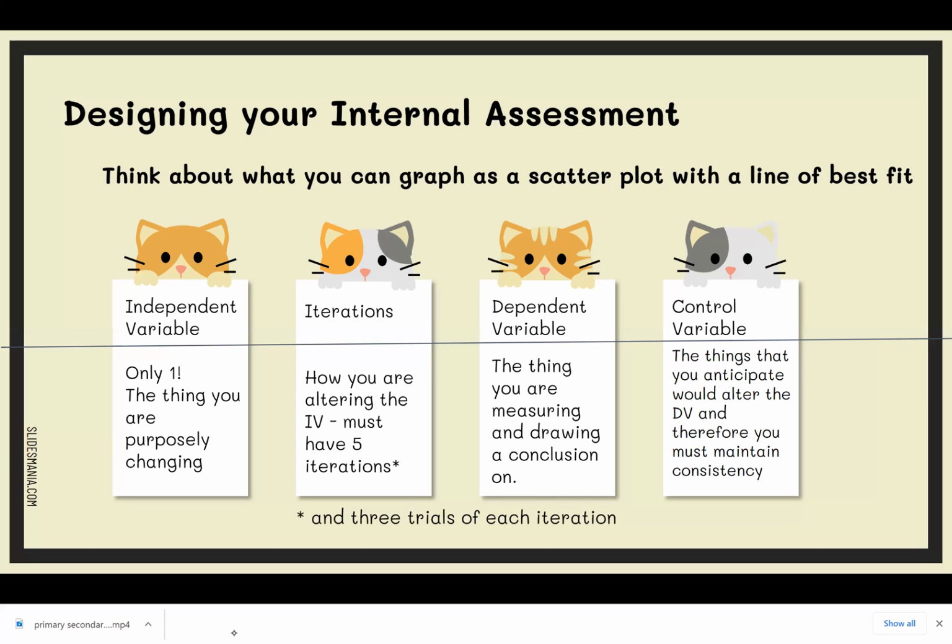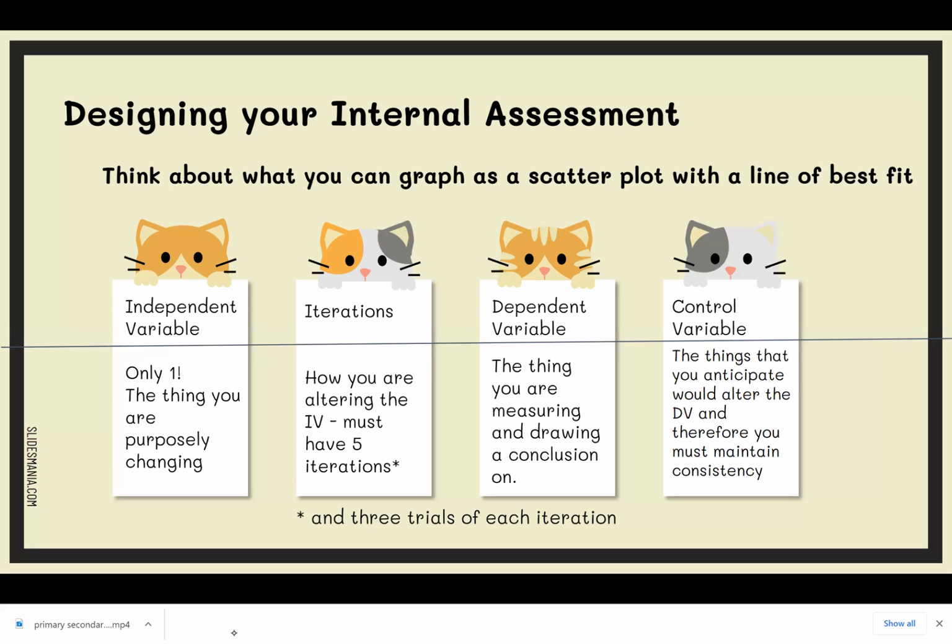And you said, okay, well, if I want to see how concentration affects the rate of the reaction between these 2 things, I'm going to change that 5 times. And those 5 times give me enough data to get that line of best fit.